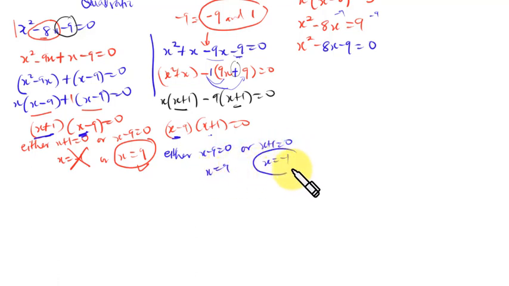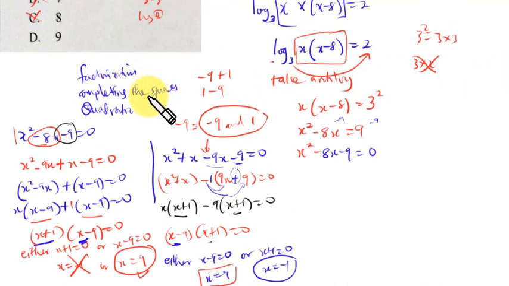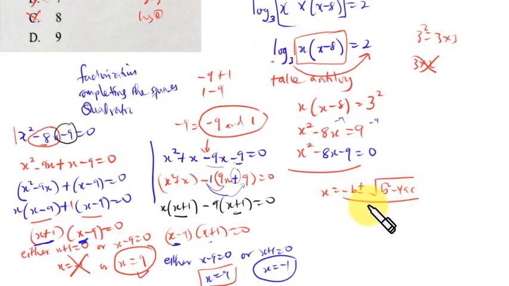Of course, we cannot take the logarithm of a negative number, so that makes x equals 9 correct. You can also try this with completing the square, or the quadratic formula, x equals negative b plus or minus the root of b squared minus 4ac, all divided by 2a, where b is the coefficient of x, a is the coefficient of x squared, and c is the constant negative 9 that we see here.